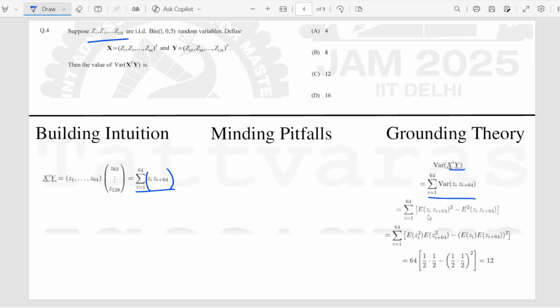So we have this thing, and then we break down the variance into its expression like this: expectation of square minus square of expectation, basically. And now the unit which has two variables in it, they also are independent. So this can be written as this, and again it's the simplest binomial variable possible, which is Bernoulli half. So this translates to this, and we get the answer.